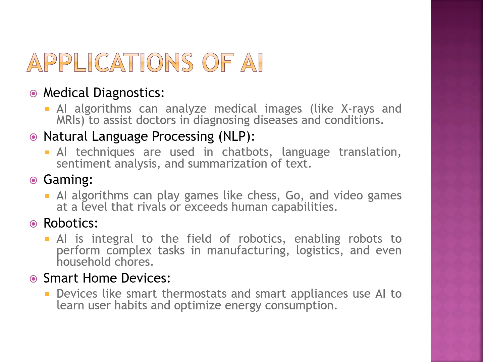And in robotics also, AI plays a crucial role, where we build a robot that performs complex tasks for manufacturing machines or manufacturing cars or logistics and other operations. Even at home, we can assist the elders or children in performing their daily tasks.